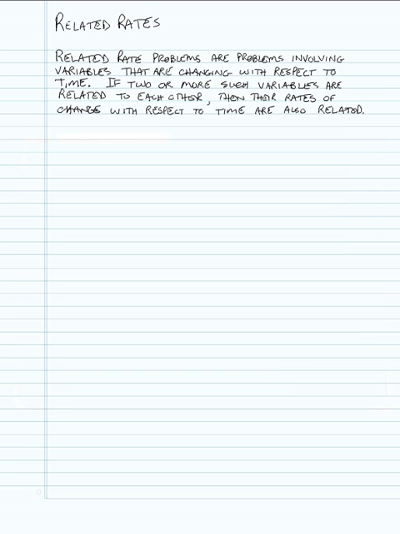Now, before we start these problems, I want to remind you of a couple of things. We kind of saw this when we were talking about implicit derivatives. These are some simple ideas that I just want to keep you thinking about. The derivative of 2x with respect to x, of course, is just 2.